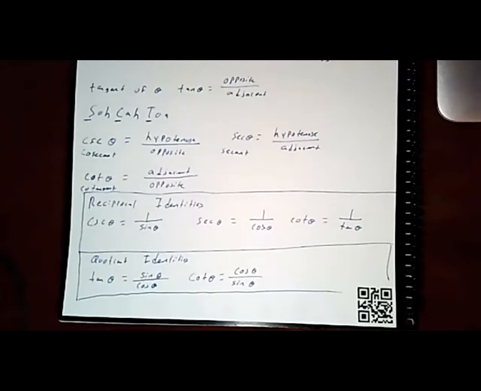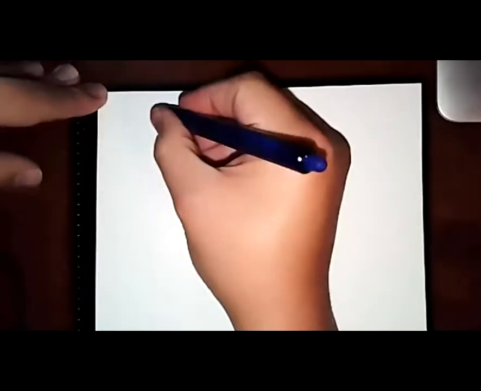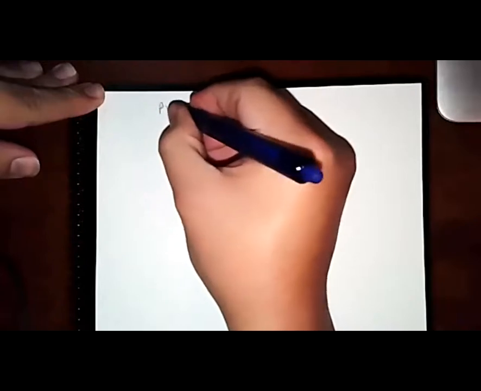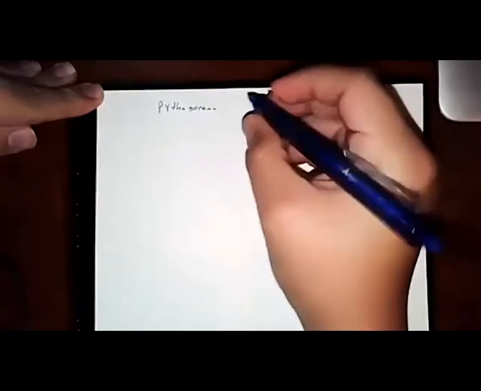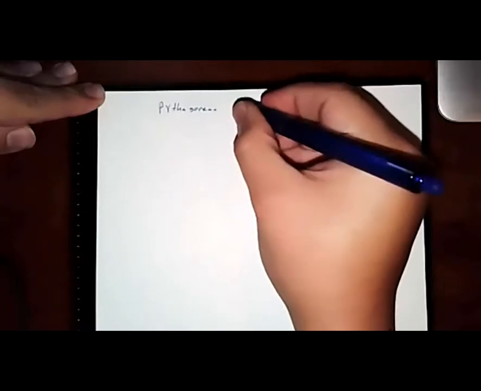Okay, then let's go to the next part. Okay, these are the Pythagorean identities. These are going to come up a lot.